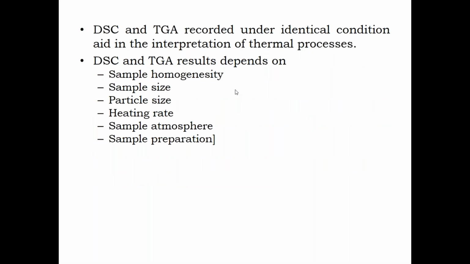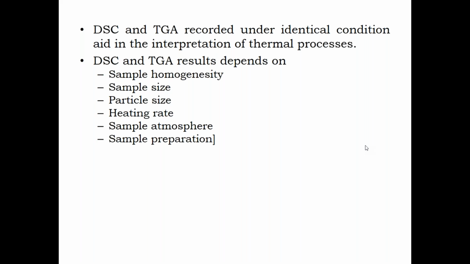So TGA records under identical conditions aid in the interpretation of thermal processes. This is a part of this procedure. Identical conditions in the sense I should not be changing the conditions from one sample to another. The conditions should be retained, maybe with respect to humidity, or anything which can affect the procedure, because it's the weight of the sample.